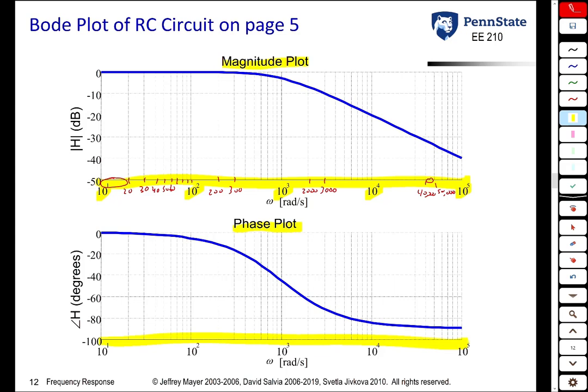The other thing we see now is that the y-axis of the magnitude plot is going to be measured in dB. So the way you interpret this, the 0 on top does not mean 0 in the sense that we're used to. This actually means a gain of 1. Likewise, the minus 20 means 0.1, the minus 40 means 0.01, etc.